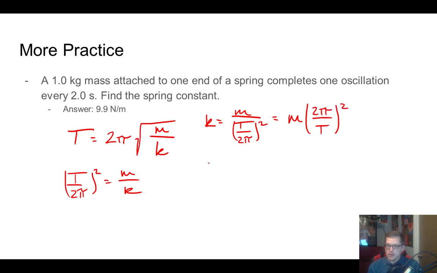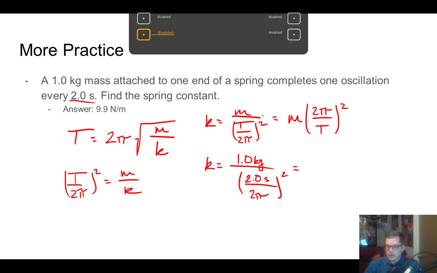So that means we can plug everything in here. Our mass value is 1 kilogram, so 1.0 kilograms. That's nice. And then our period, they just give it to us straight up. That's 2.0 seconds, and then over 2 pi here, and square that. So you take 1 divided by, oh, why did I do that?